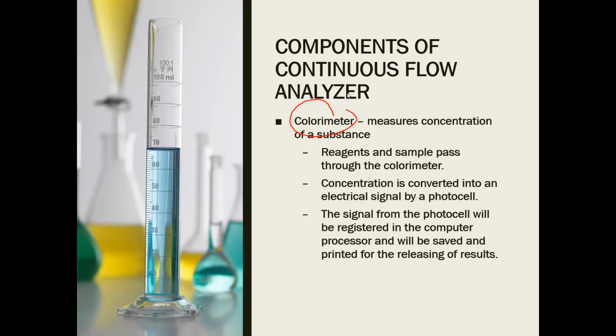Again, yung intensity ng color is correlated to the concentration of our sample. The concentration is converted into electrical signal by our photocells. And lastly, the signal from the photocells will be registered in the computer processor so that we will be able to determine what is our results.